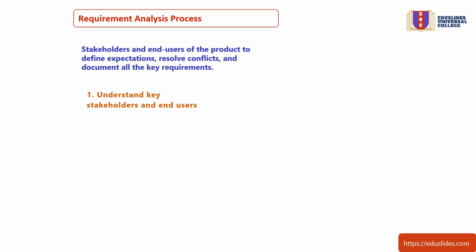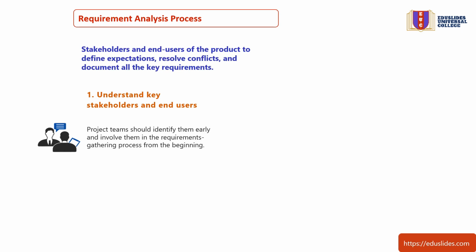Step 1. Understand key stakeholders and end users. In any project, the key stakeholders, including end users, generally have the final say on the project scope. Project teams should identify them early and involve them in the requirements gathering process from the beginning.